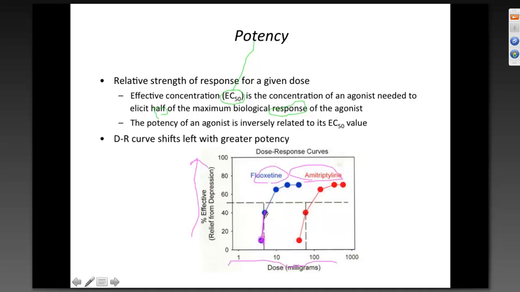But to do that for amitriptyline, we need to be way down here on this dose axis, closer to, I don't know, 80? We need to be at 80 and pump it all the way up to 90 before we get the same 40% effectiveness. Okay, so we've just proven to ourselves that the drug which is left shifted the most is the one that is most potent.